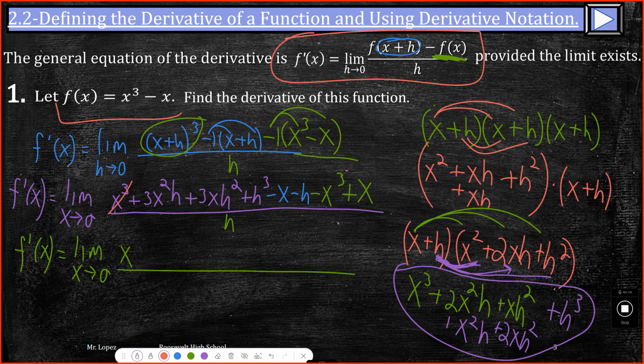What else cancels? Doesn't the negative x and the positive x cancel? That is it. Nothing else. So this is going to be 3x squared h plus 3xh squared plus h to the third, minus h, over h.